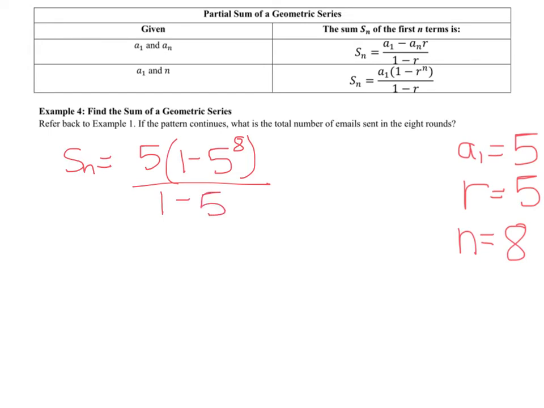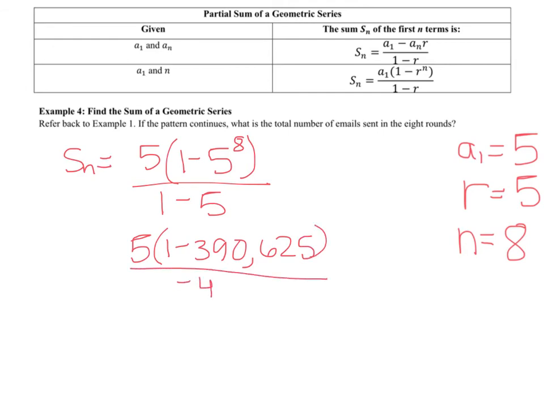So now I can go ahead and evaluate this. 5 to the 8th power is going to give me 390,625. And then 1 minus 5 is negative 4.